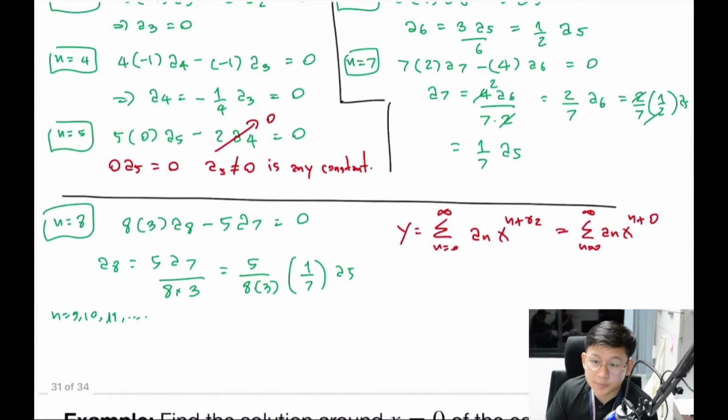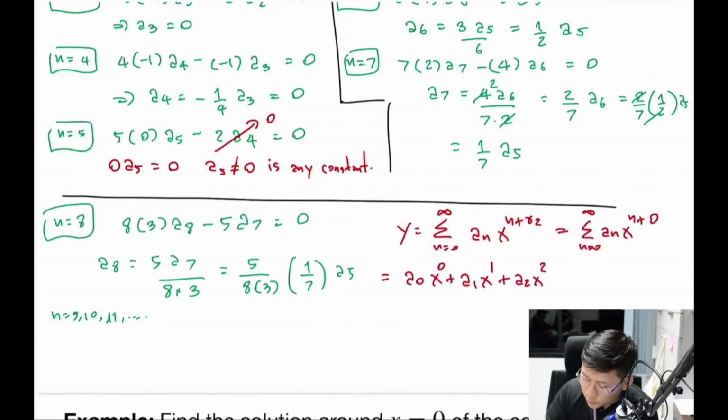Okay, so it's basically a n x to the n, and that would be a0 x to the 0 plus a1 x to the 1 plus a2 x squared plus a3 x cubed plus and so on.